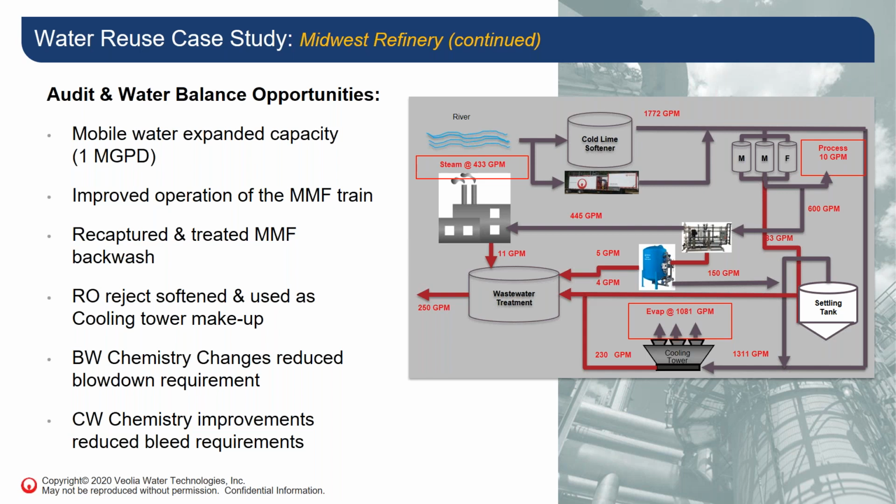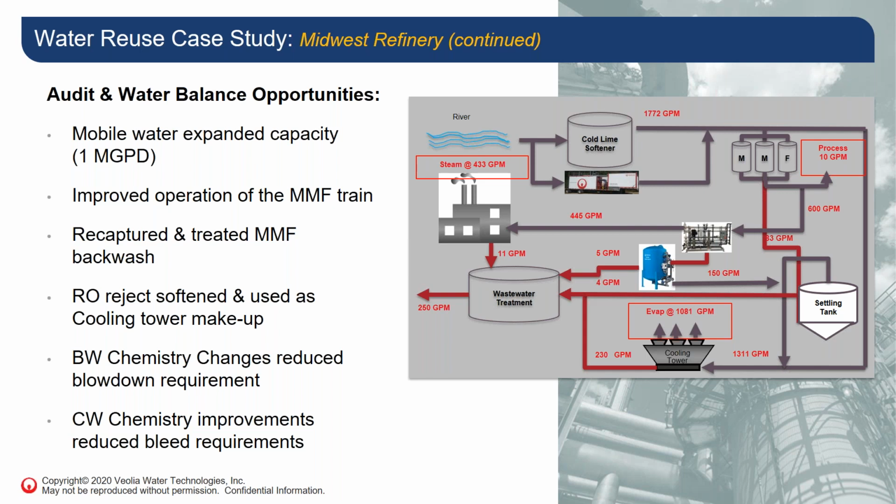It reduced the need for fresh water to the cooling tower and reduced the amount of wastewater generation to the waste treatment plant by 83, minus the 5 that we generated, and produced an additional 79 gallons per minute of reuse water. So 83 gallons from the MMFs, 4 gallons from the bottom of the settling tank, and 79 gallons sent to the cooling tower.